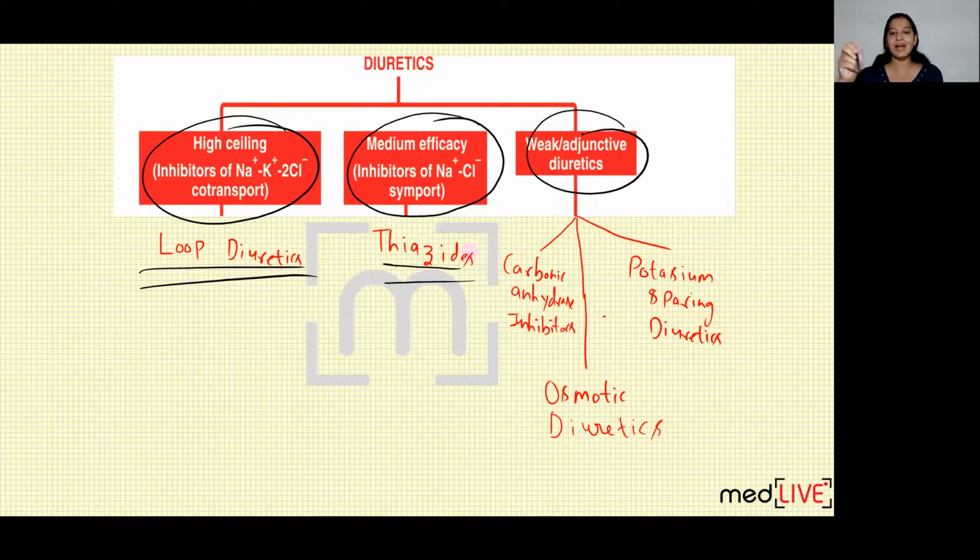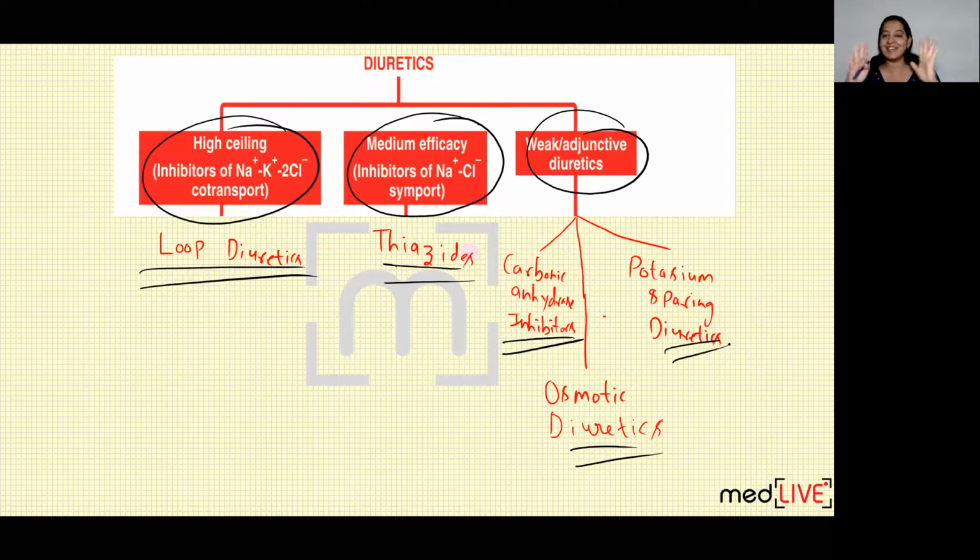That is carbonic anhydrase inhibitor, the prototype drug was acetazolamide. Osmotic diuretics, the prototype drug was sugar, that is mannitol. And potassium sparing diuretics, that is spironolactone and amiloride. Correct. So in total there are 5 classes, one from the high ceiling, one from the medium efficacy, and 3 classes in the weak diuretics.